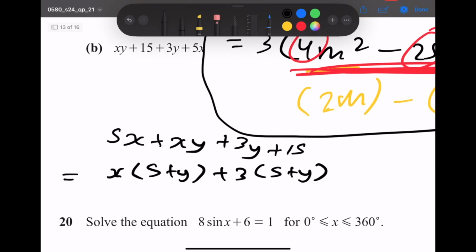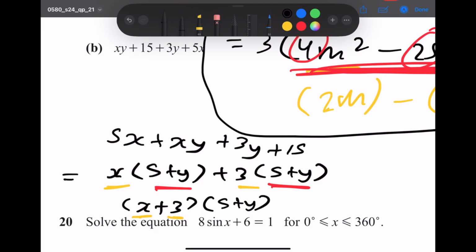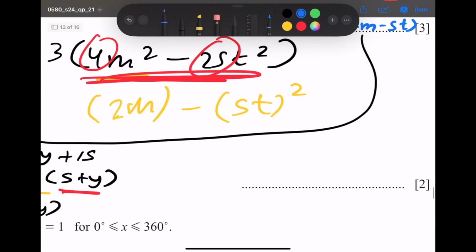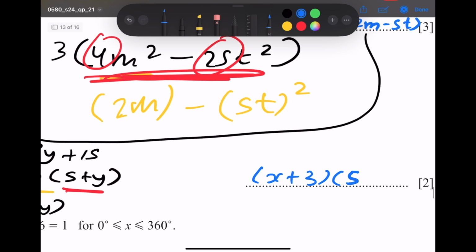So since this bracket is the same, we can take the coefficients of the outer bracket and add them together as well. So x plus 3, and x and 3 are the outer terms, times 5 plus y. So the final answer can be written as x plus 3 times 5 plus y.